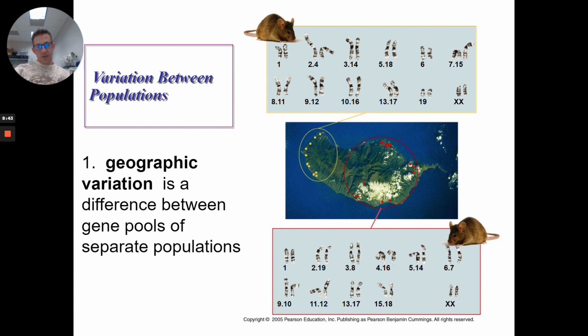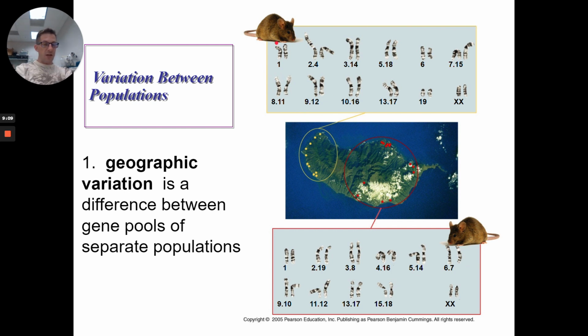But one of the reasons that you see this divergence is because their chromosomes have actually fused. Okay, so like in this one, for instance, it's telling us that chromosome 2 and 4 have actually fused together. And in this one, it's telling us that chromosome 2 and 19 fused together. So we see these weird fusions of chromosomes. We know that these two populations are related, but they are distinctly different.